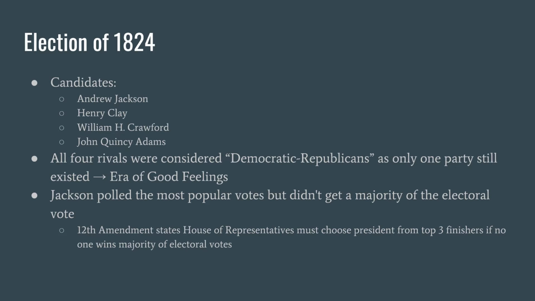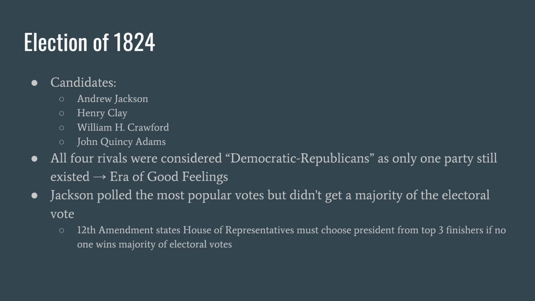We see Andrew Jackson actually gets the most votes in the popular election, but he doesn't get a majority of the electoral vote. He did not reach the threshold needed to declare him the outright winner.